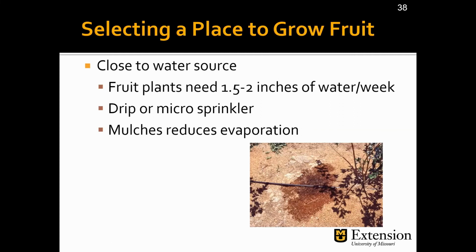You want to have a site that's close to a water source. And like I mentioned earlier, fruit plants need between 1.5 and 2 inches of water per week. Preferably, you want to have drip or micro irrigation sprinklers.